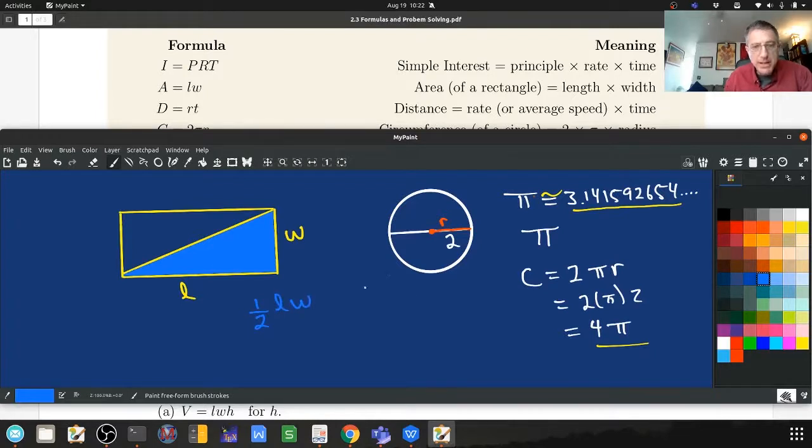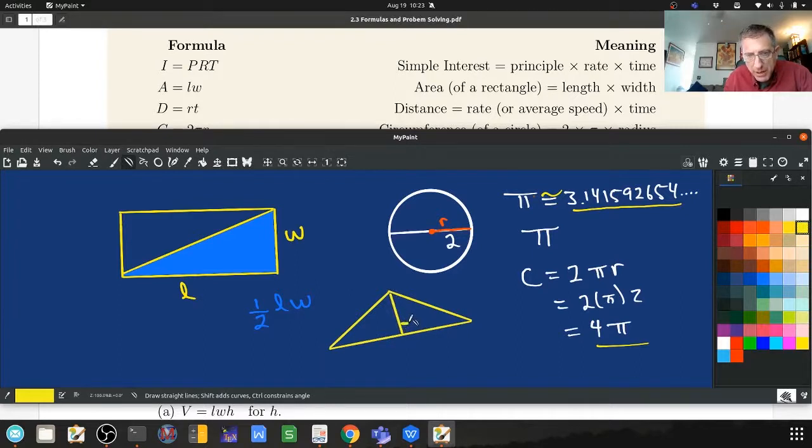Well, it turns out that's true for any triangle. In this case, my triangle is a little bit special. You should be a little bit skeptical because my triangle is a right triangle. But it turns out that as soon as you have any triangle, you find its height by taking a vertex and dropping a perpendicular down.